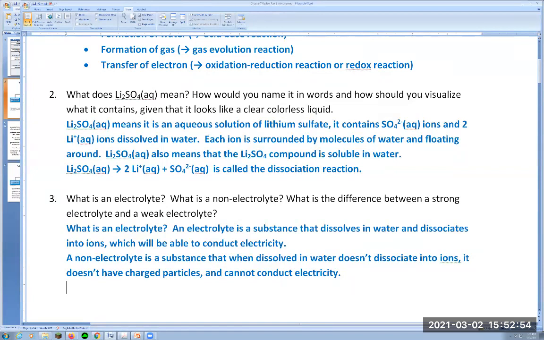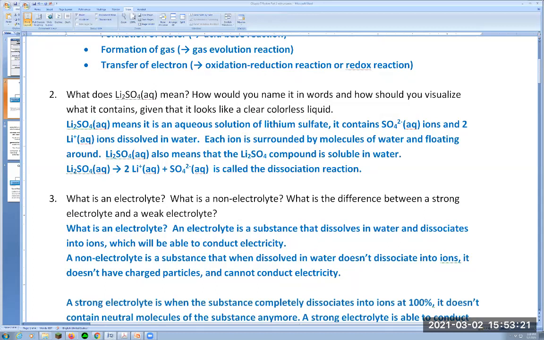Actually, let's say it's glucose. And when you dissolve it in water, it stays the same. It stays as that neutral molecule. So there is no charged particle, and it cannot conduct electricity. So salt water will conduct electricity, but sugary water will not.